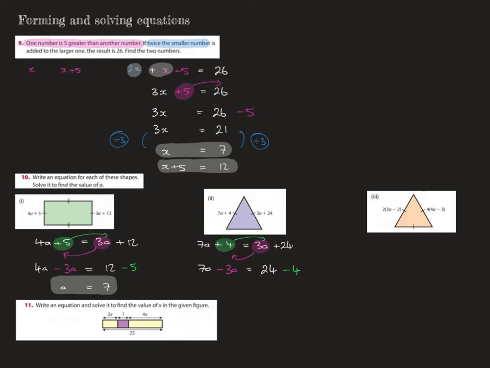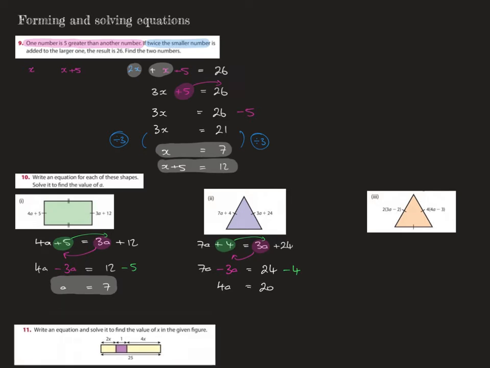So we're going to end up with 4a equals 20. So to find out what 1a is, we need to divide both sides by 4. So 1a will be equal to 20 divided by 4, which gives us an answer of 5. Okay. So that's that question done.